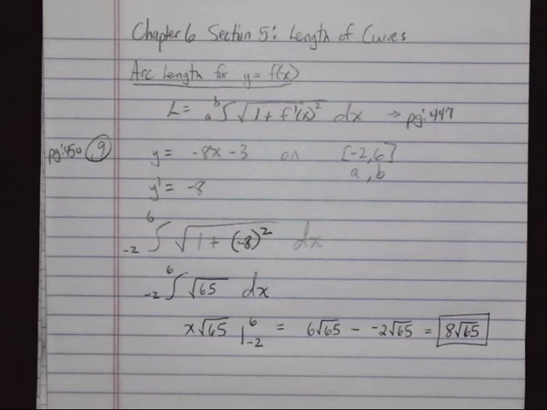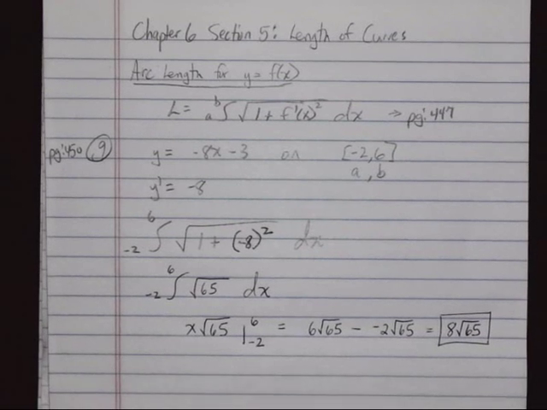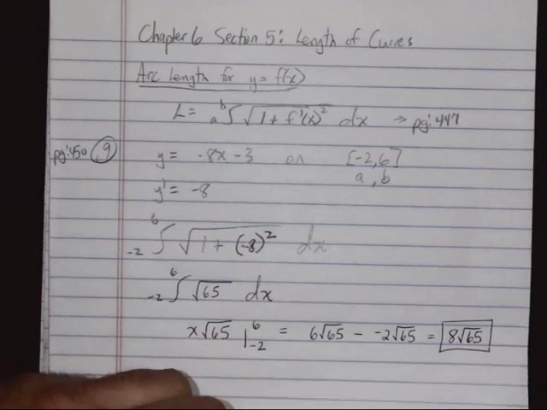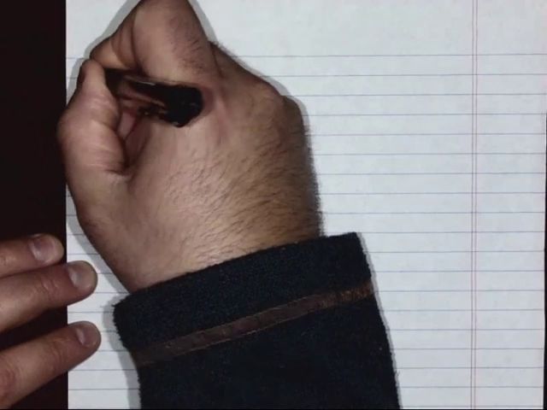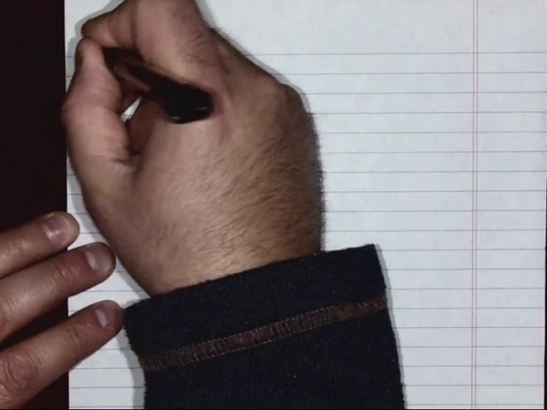Okay. So let's look at one that's a little bit more challenging here. I'm going to turn this paper over. All right. So let's look at number 13, and this is going to be on page 450 if you want to take a look at that in the book.